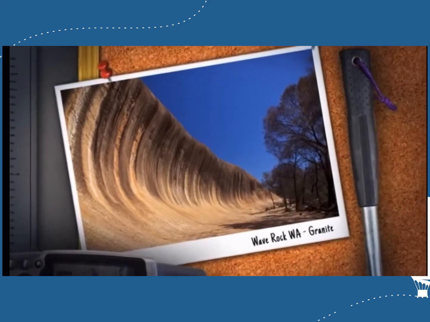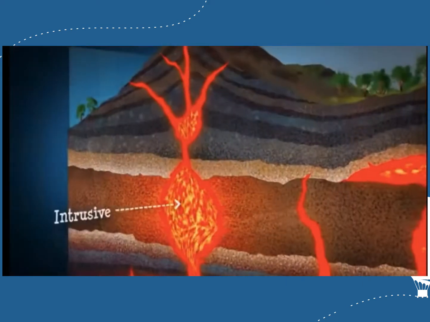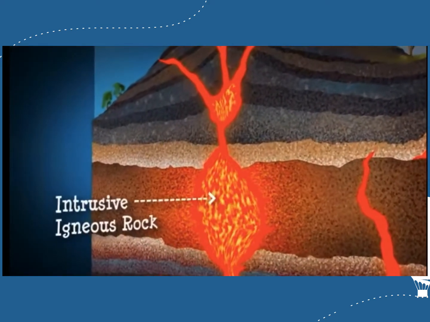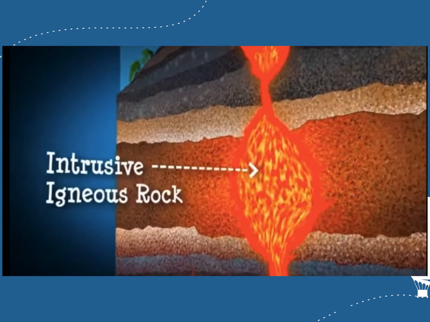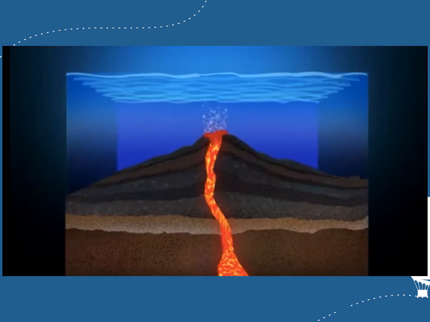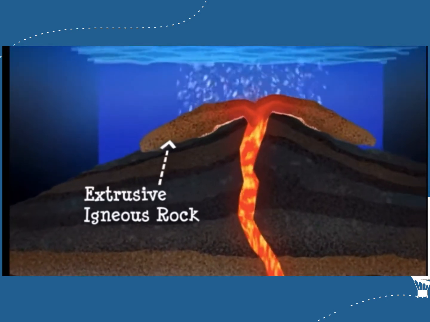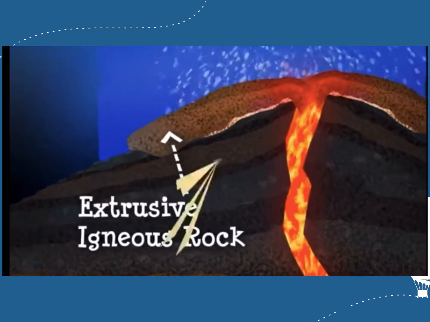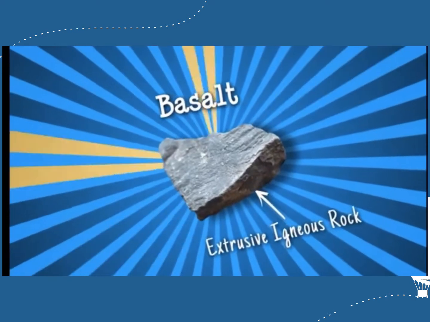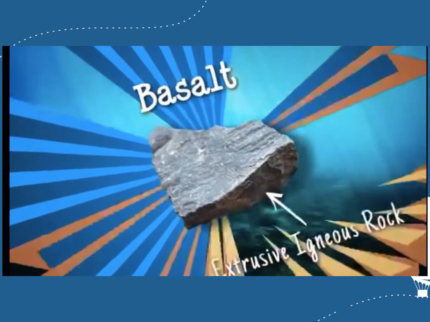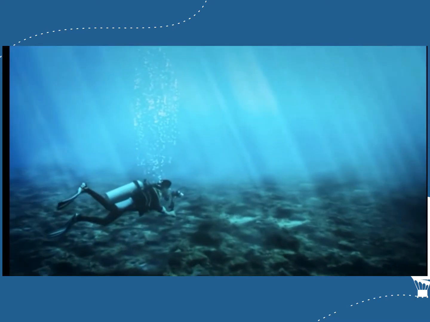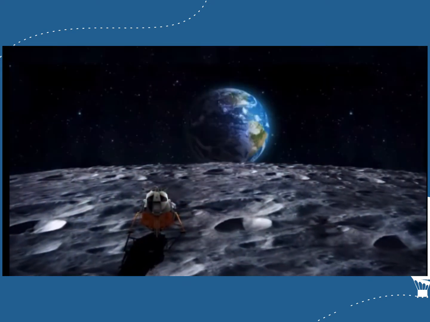It has large crystals because it cools slowly, deep below the Earth's surface. When a volcano erupts, lava cools quickly to form small crystals, creating extrusive igneous rock, like basalt. Basalt makes up much of the ocean floor and also most of the moon.